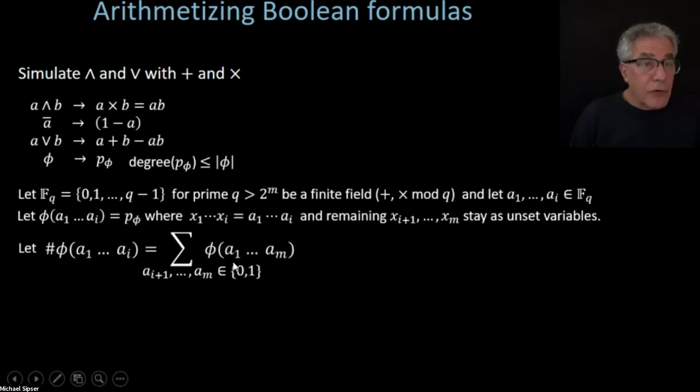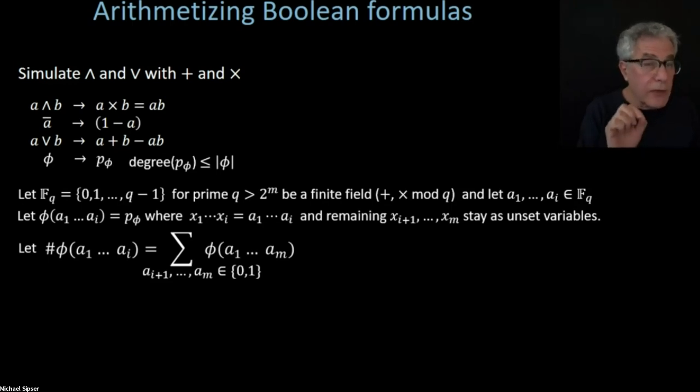So I'm going to have to write this formally as: I'm going to plug in those i values for the first i variables, and the remaining variables, which I have not set, I'm going to assign them to zeros and ones in all possible ways. Only to zeros and ones.